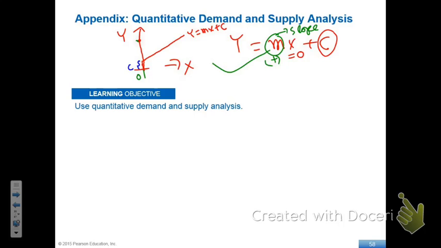If M is negative, our equation can be represented by a downward sloping line where c is the big vertical intercept. Do we all see that?